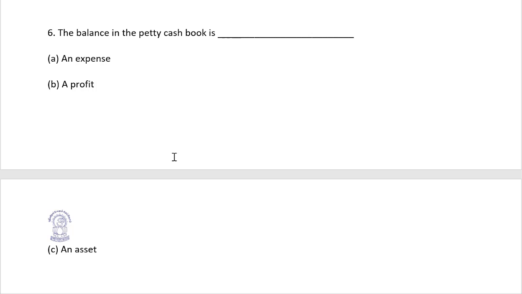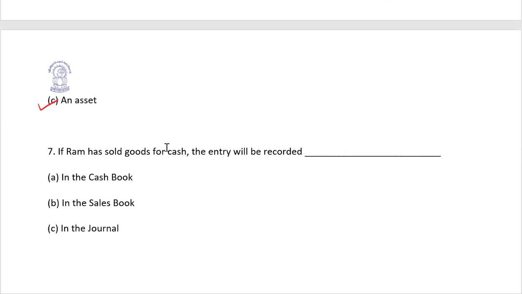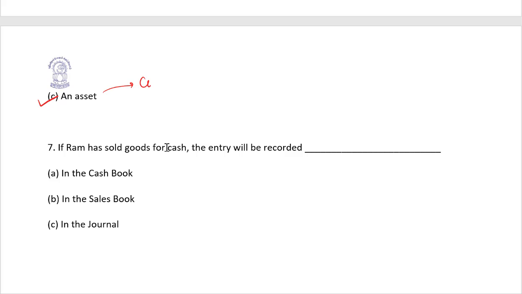It can't be a profit because the balance has transferred from cash book to petty cash book. So it is an internal transfer. That means there is no chance of having profit. It is not an expense. It is an asset, a current asset, to be specific.